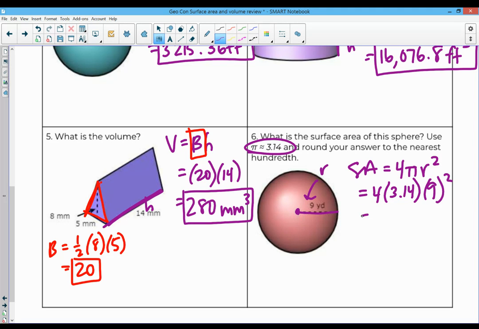So that is 1,000. You don't need commas. 1,017 and 36 hundredths yards squared. So all this is identifying what figure it is, using the right formula, figuring out the measurements, and plugging it in.